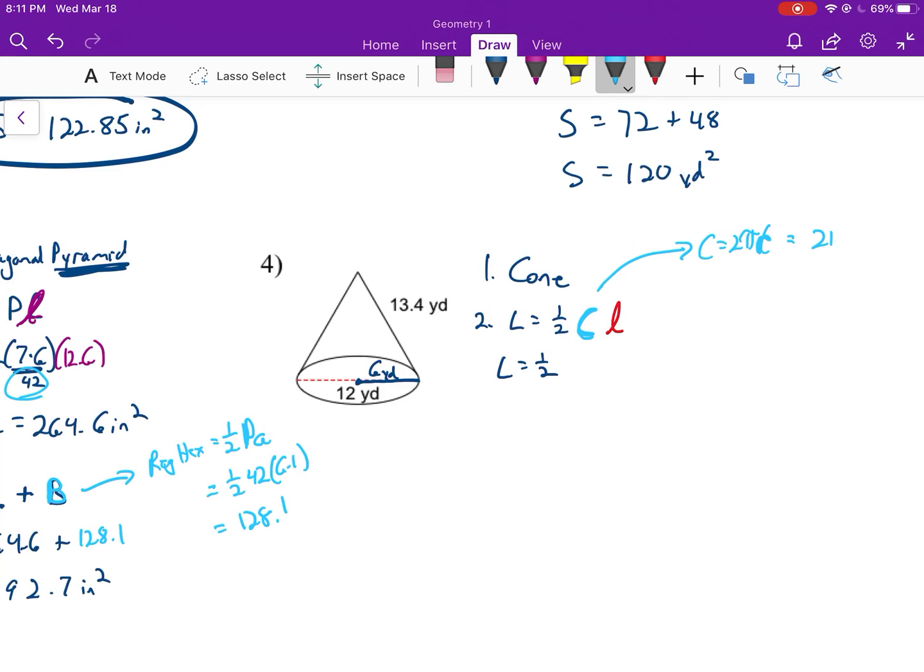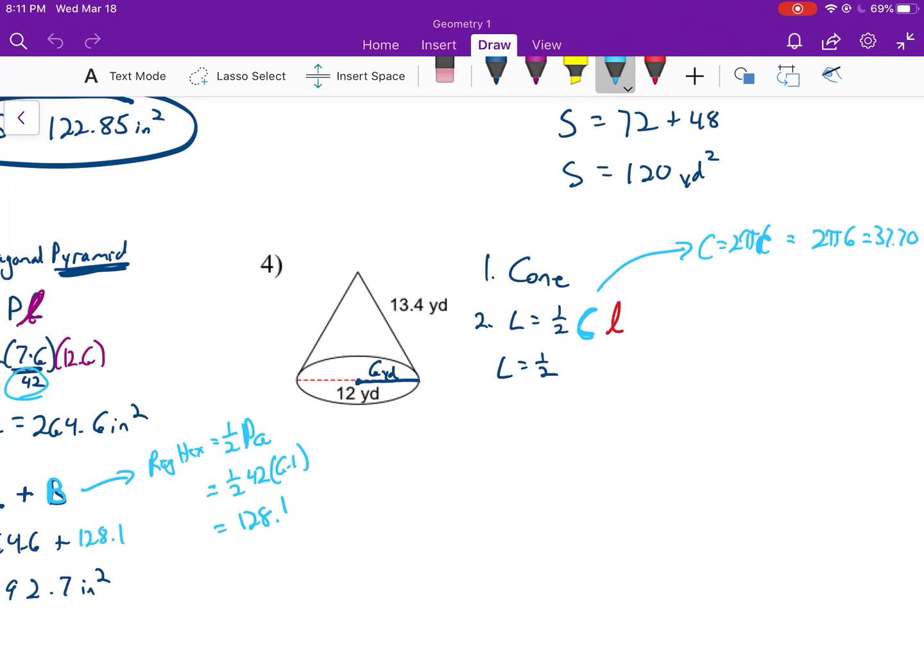So 2 pi times 6, that's multiplied out, is 37.7. Actually 37.70. That's the circumference. The slant height is 13.4.